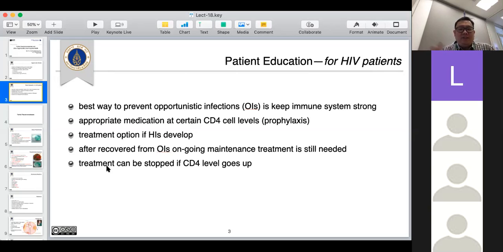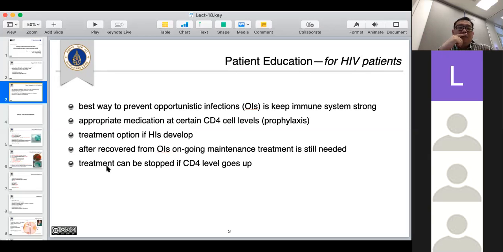Do not underestimate OI, because OI is very important and can be life threatening, particularly in HIV patients. If the CD4 level drops, that makes it possible for OI to overcome your immune system. So the prophylaxis is to maintain the CD4 level.